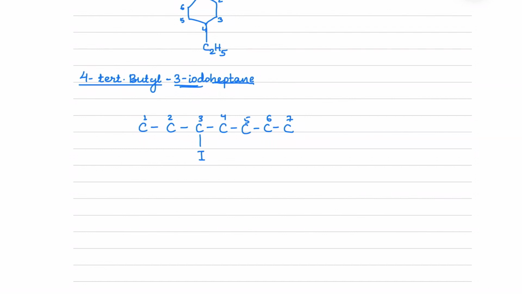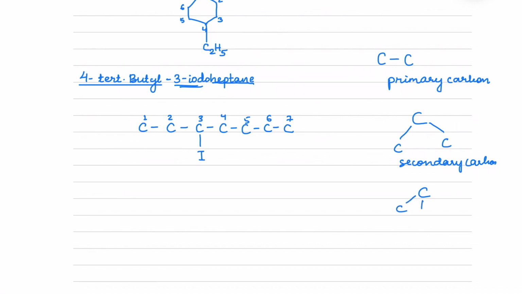If a carbon atom is like this, it is a primary carbon. This is a primary carbon. If in an organic compound a carbon is attached to 2 more carbon atoms, then it is a secondary carbon. If a carbon atom is attached to 3 carbons, then it is a tertiary carbon.